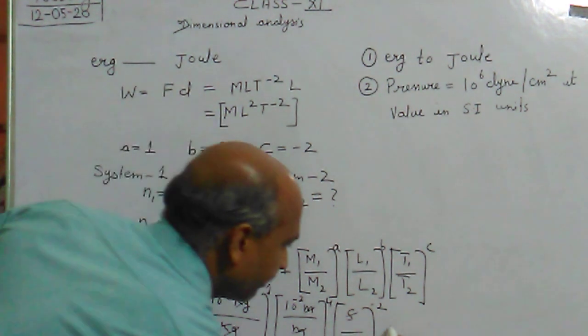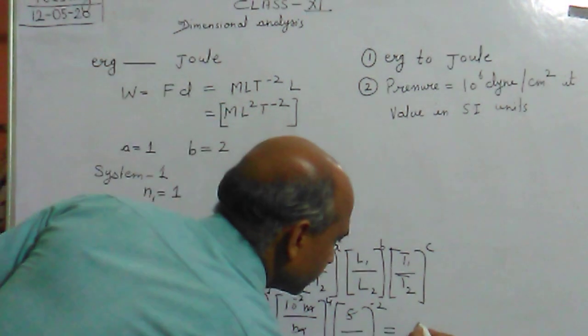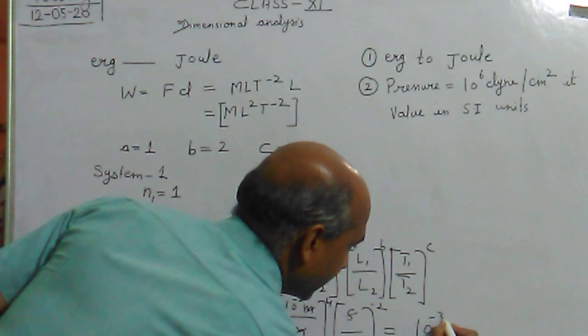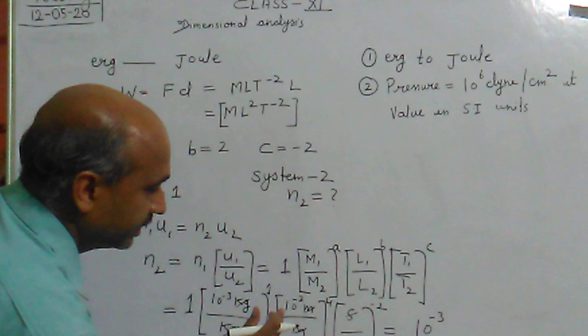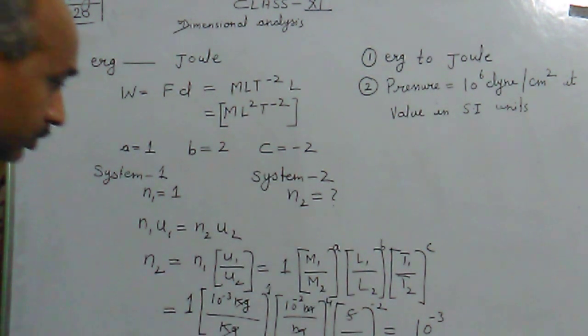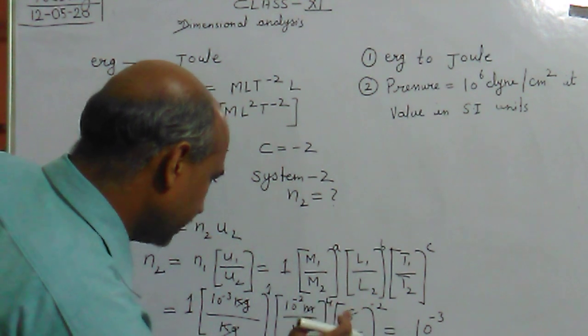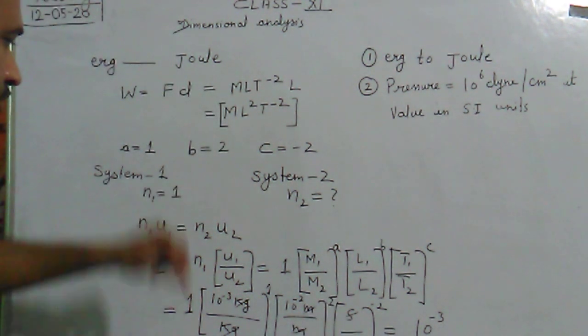So we are left with 10 की power minus 3, and from here 10 की power minus 2 into its value is not 4, I think its value is 2, no? Its value is 2. The value of b is 2.